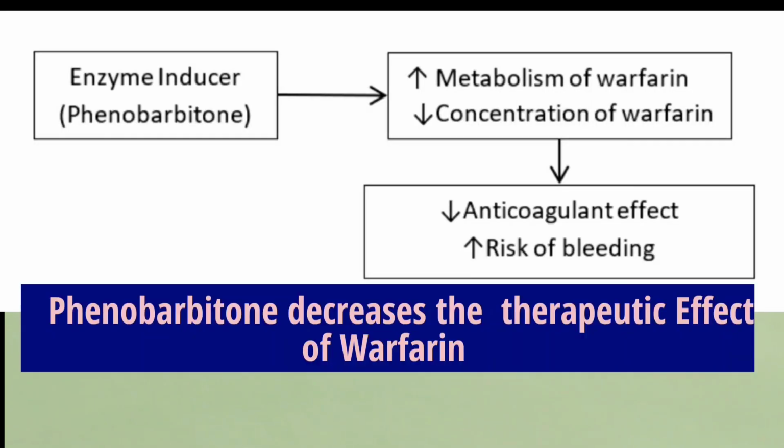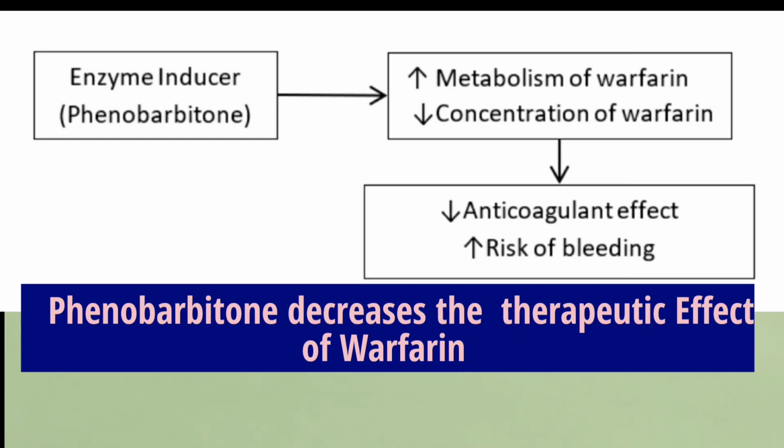For example, phenobarbital is an inducer of metabolic enzymes, that is cytochrome P450, and increases the metabolism of many drugs. For example, the metabolism of warfarin is increased. This decreases the concentration of warfarin and decreases its anticoagulant effect.